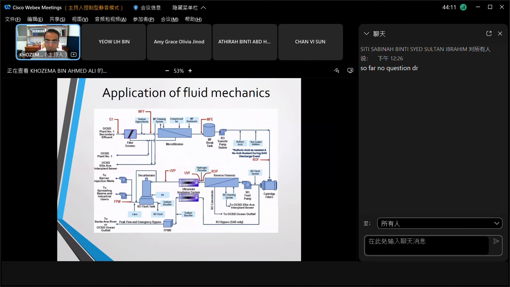Okay. So if you remember what I mentioned just now, our topic is going to be on the transportation, metering, and the mixing, right? We have transportation and metering of your fluid, and also to understand the mixing process of a liquid.